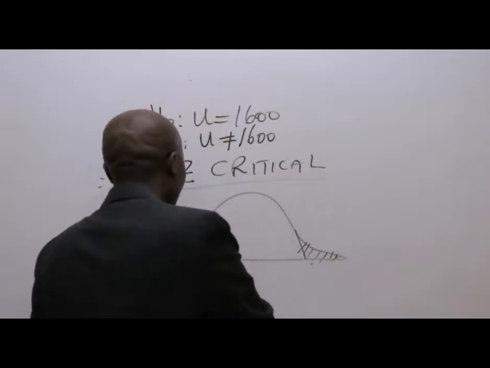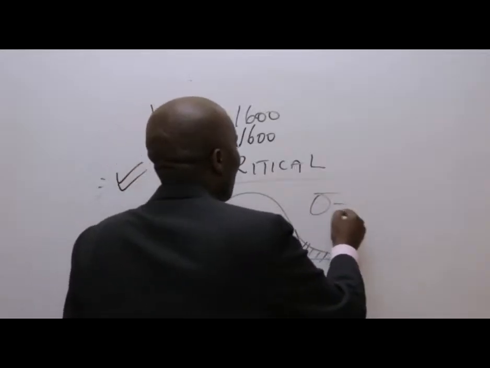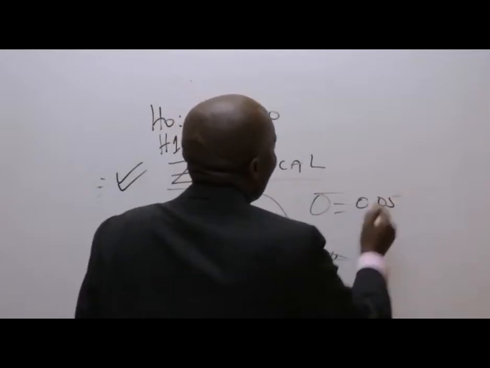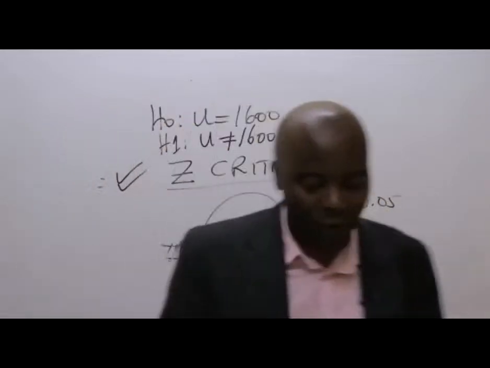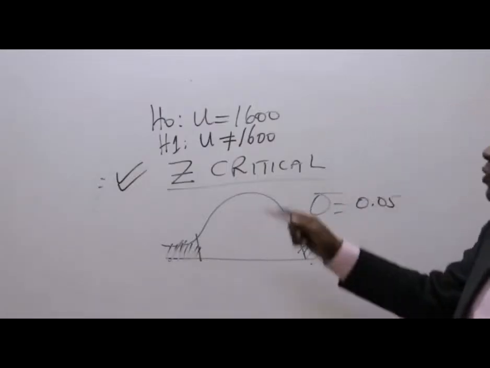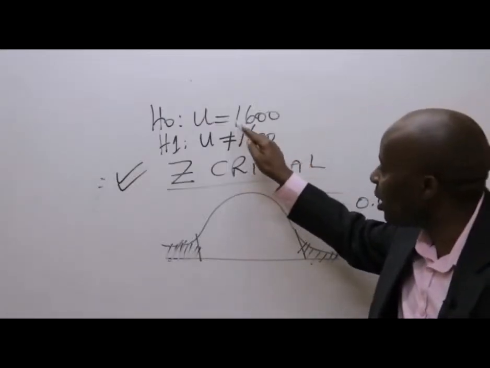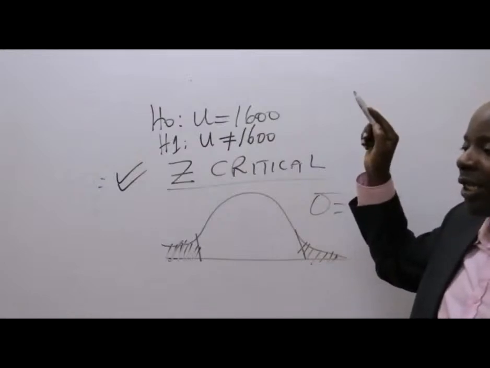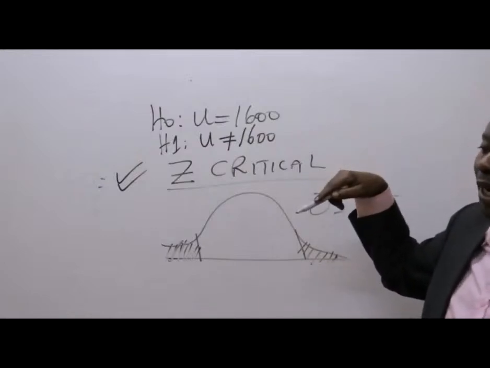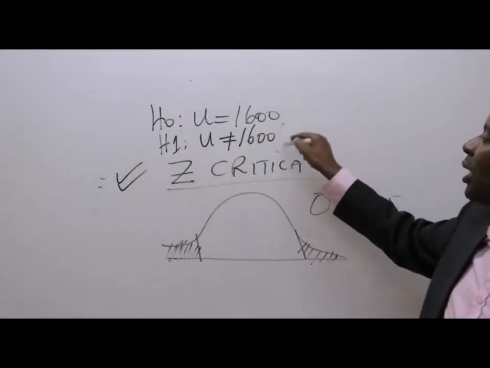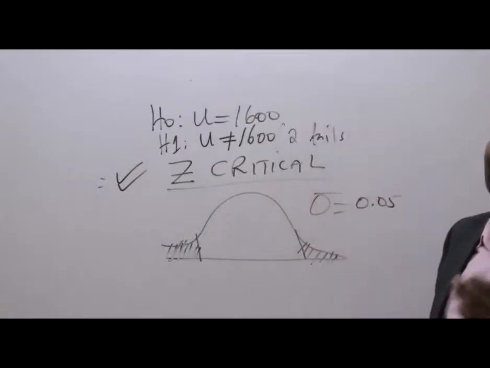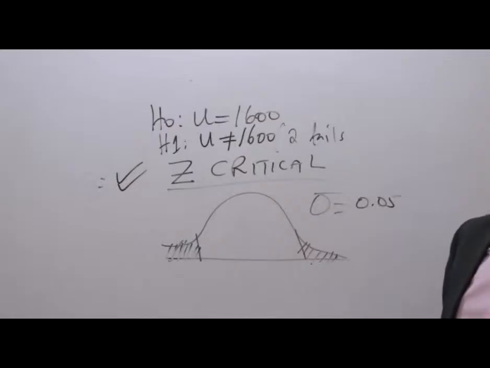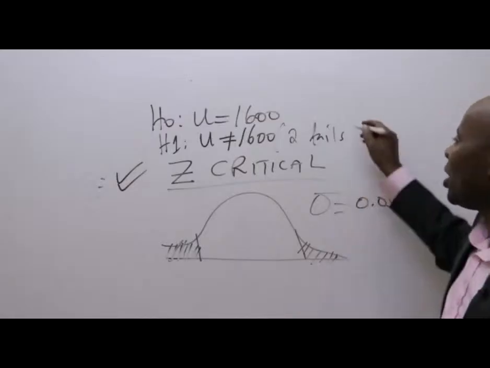He has told us that the level of significance happens to be 5%. 5% happens to be 0.0 what here? 0.05. The moment you give me a level of significance, given that this one is a not equal, given that it can go either way, there are two directions, it means that you are handling a two-tails test. It's not a one-sided figure.